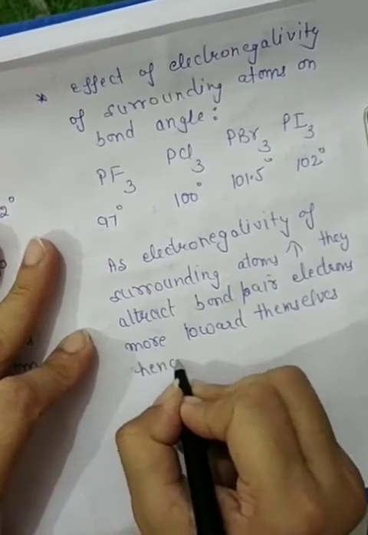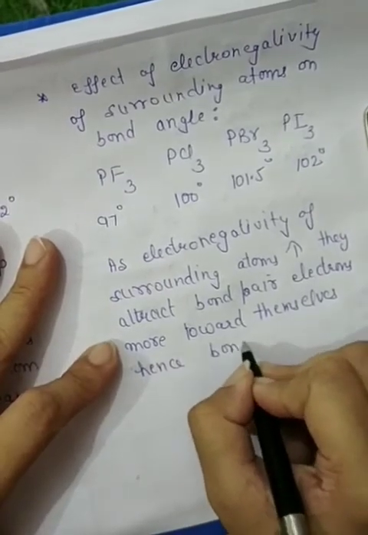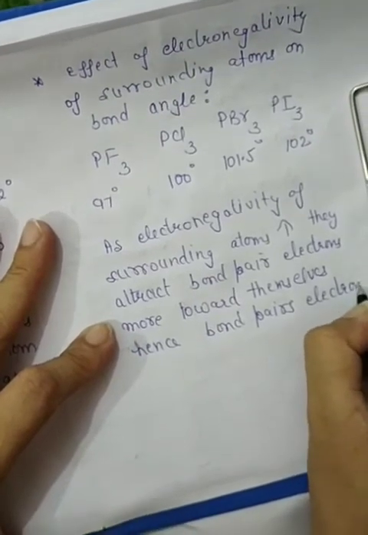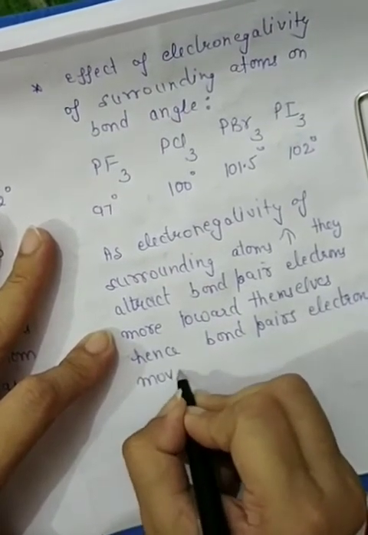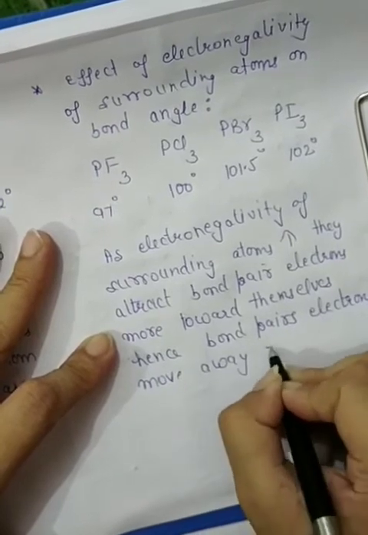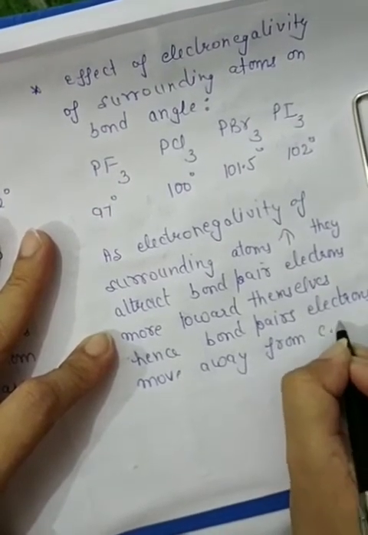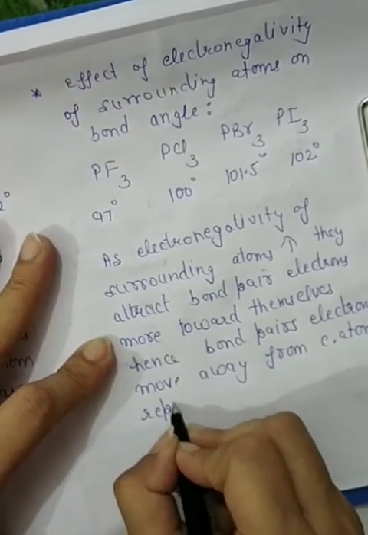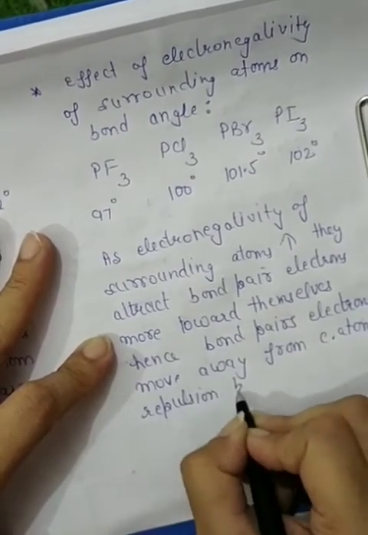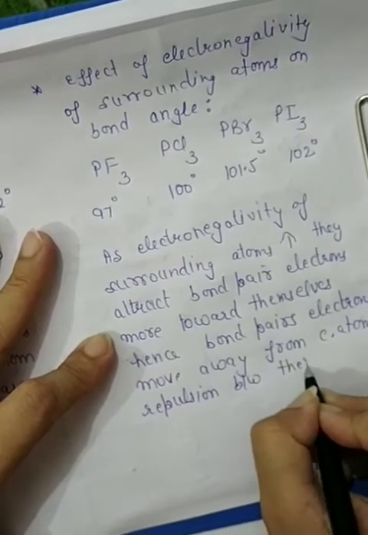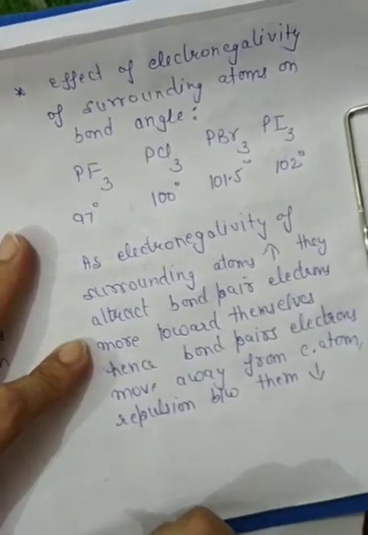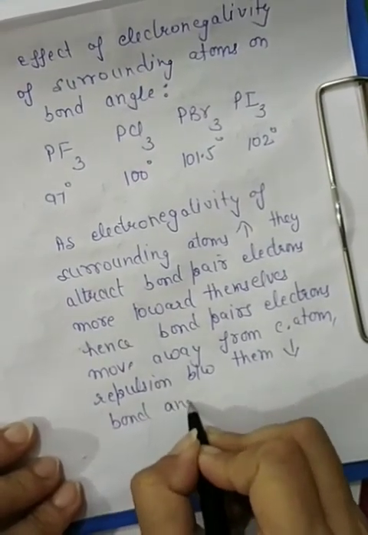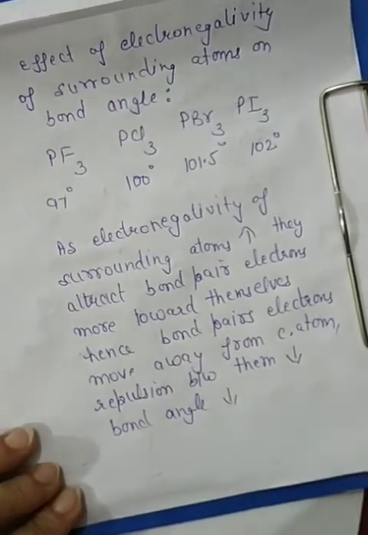Hence, bond pair electrons move away from the central atom, due to which repulsion between them decreases. Therefore, the bond angle also decreases.